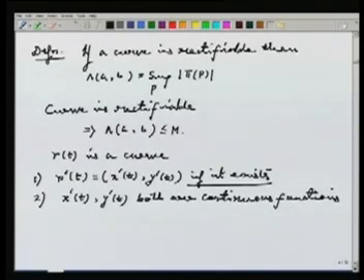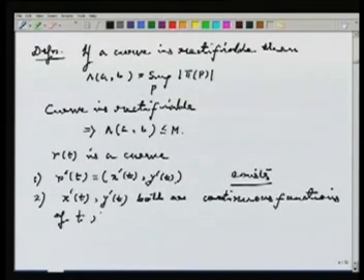Okay, so I have taken a curve R such that r prime t equals x prime t, y prime t. This exists. And the second condition is x prime t, y prime t both are continuous functions of t where a is less than or equal to t, which is less than or equal to b.